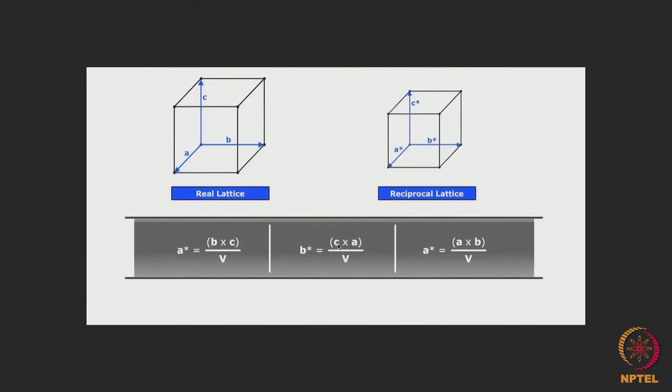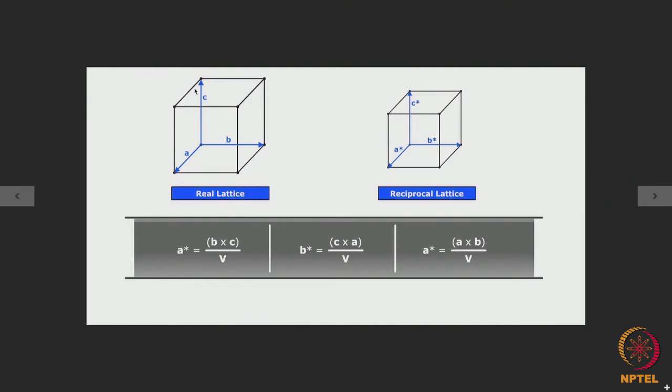Now, let us come to the relationship between a real lattice and its reciprocal lattice. Say for example, the unit cell in a real lattice is defined by the vectors A, B and C in the x direction, y direction and z direction respectively.